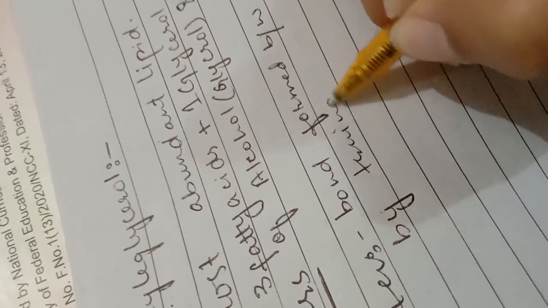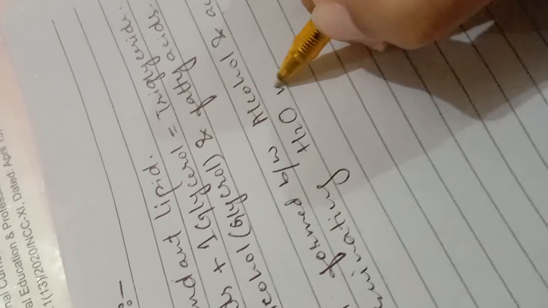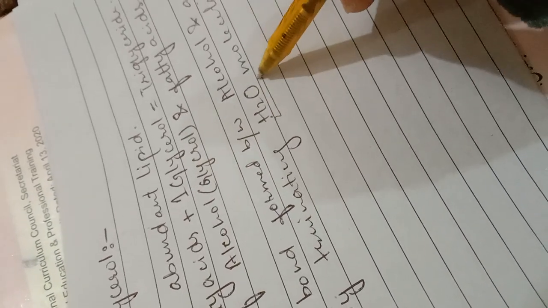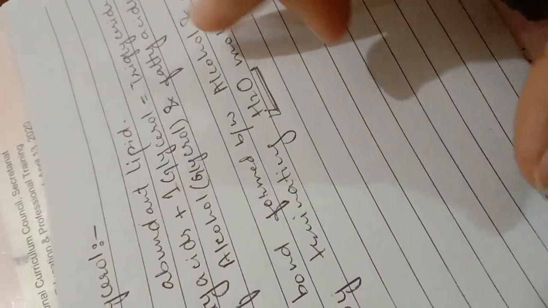It is formed by removing an H2O molecule. So, if we see the structure of the triacylglycerol, we will see that H2O is removed from the structure.